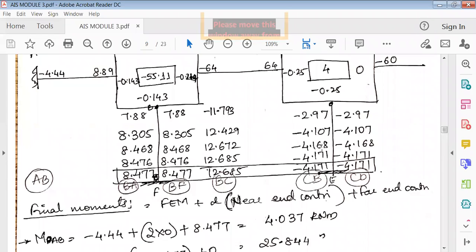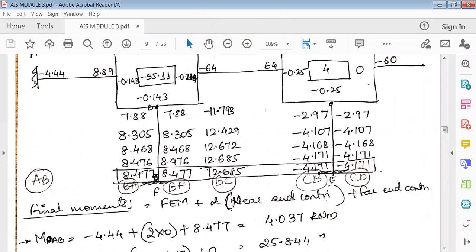Okay, next is again come back to this point now, minus 55.11. Again solve for this, minus 55.11. Take the far end now, minus 55.11 minus 2.97 into, come to this, minus 0.143.